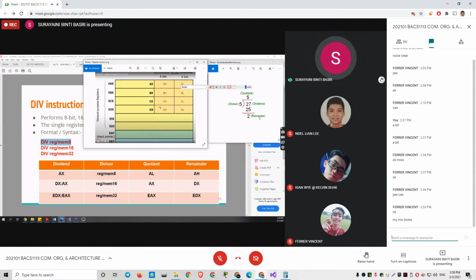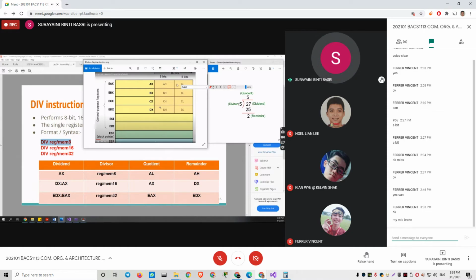Your quotient will be stored in AL. The most important part is stored in AL, and the remainder is less important info, so it is stored in AH.